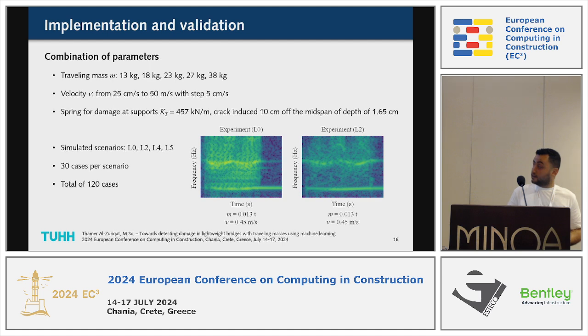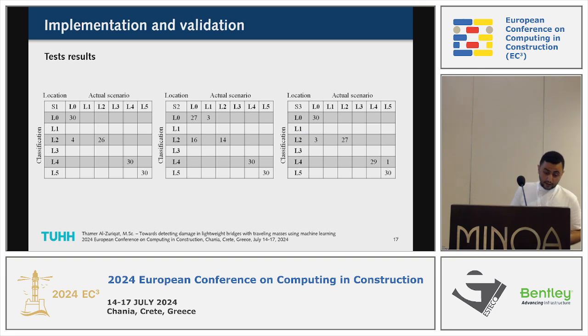So now we can take these data, throw them into the convolutional neural network, and see how it would behave. The results from all 3 locations are very acceptable, or very good actually, except in the location S2, which is the damage scenario L2. This could be attributed to the mode shape of the beam: at the mid-span, it's a zero crossing point in the second mode shape, as I said.